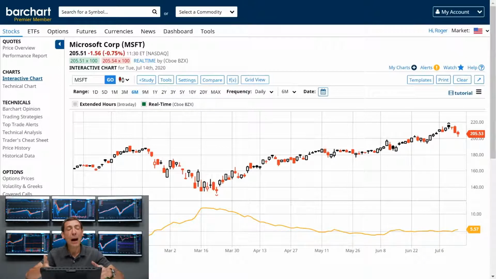I'm eyeballing this; you could mathematically do it all with a calculator. But I would say about 150 shares would give us about $800, so 125 to 130 shares would give us about $700 to $750 exposure. So now you have the same exposure on all three stocks by using ATR.